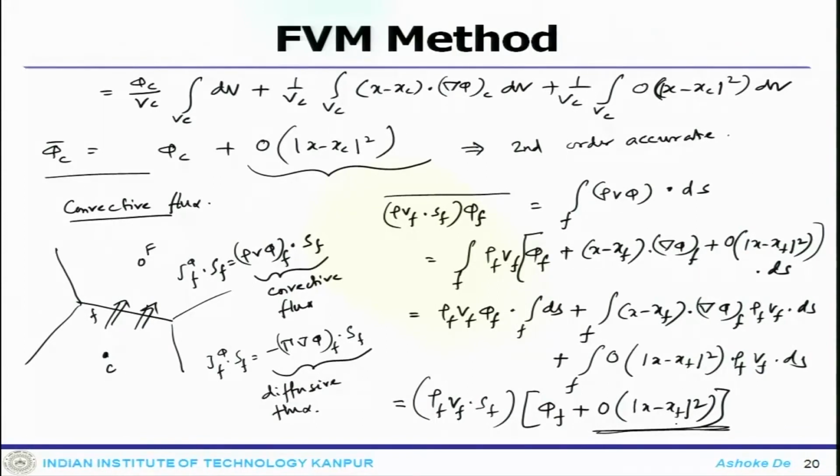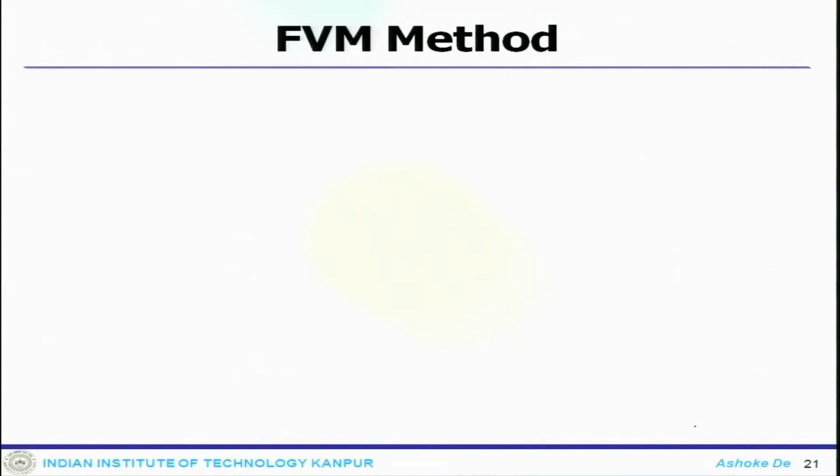So, the mean value at the cell center is second order accurate, and once you calculate the convective flux, that also becomes second order accurate. Now, you can look at the diffusive flux and what accuracy it possesses.